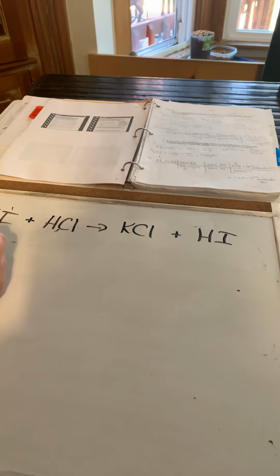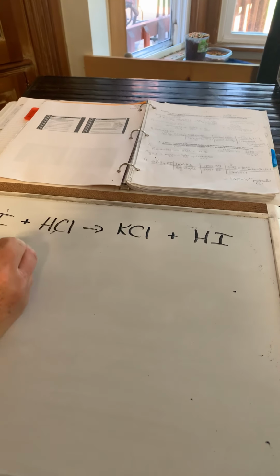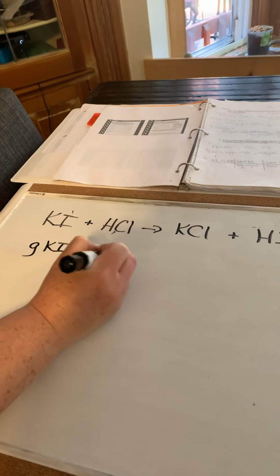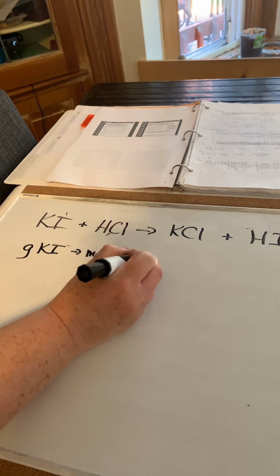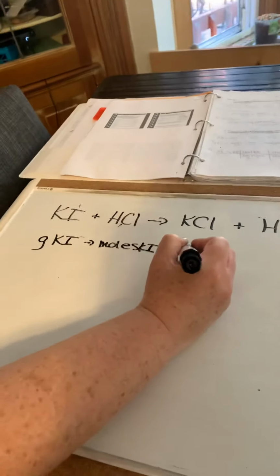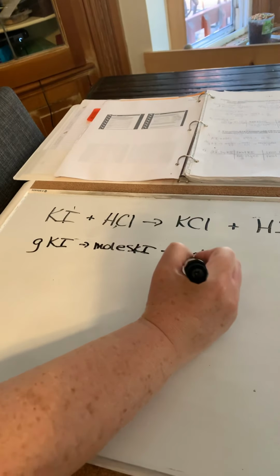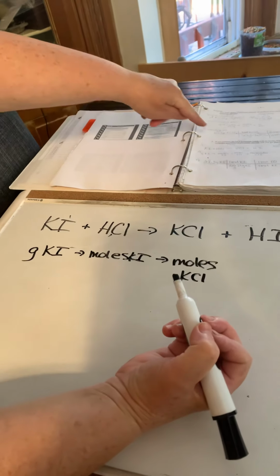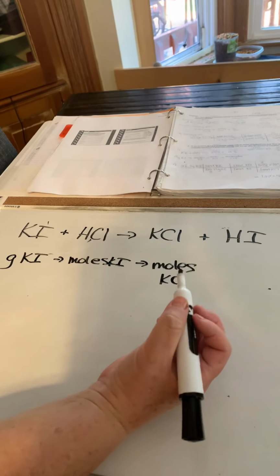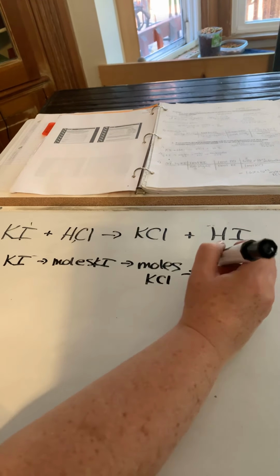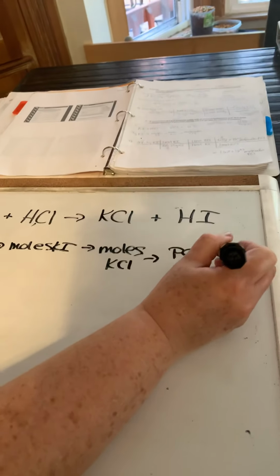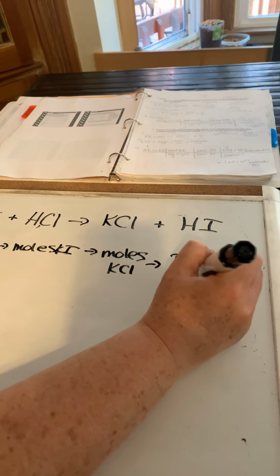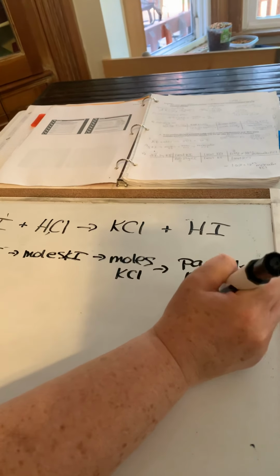We are given grams of KI. From grams of KI, we're going to go to moles of KI. From moles of KI, we're going to go to moles of KCl because we need to get to particles of KCl. From moles of KCl, we're going to go to particles or molecules, whatever you want to call it, of KCl.